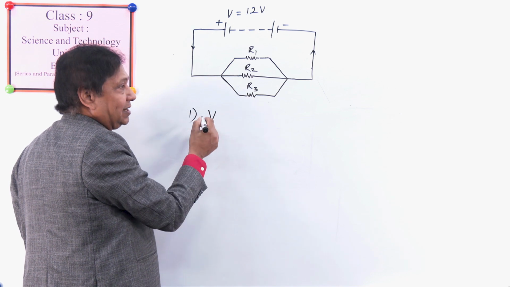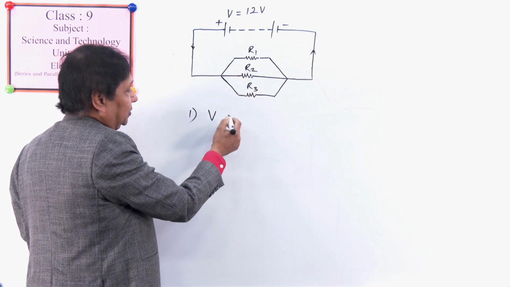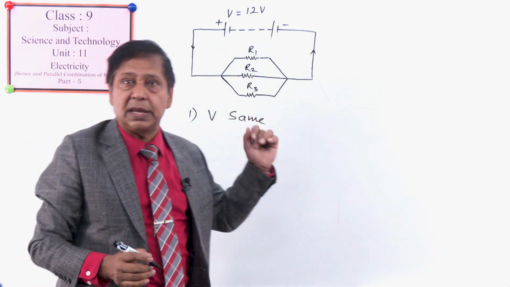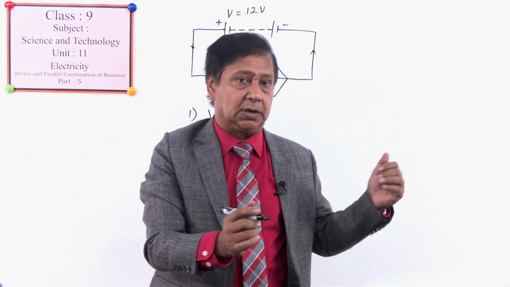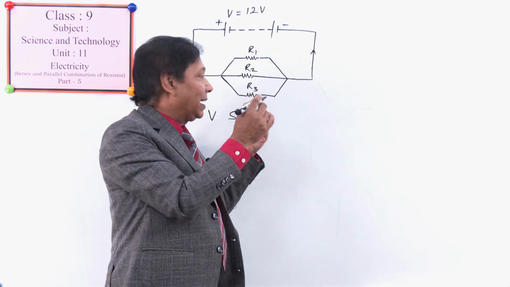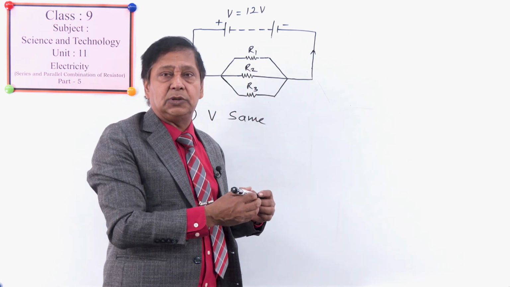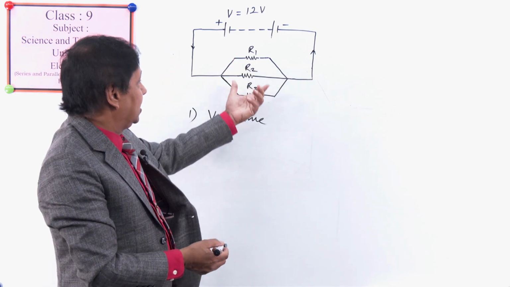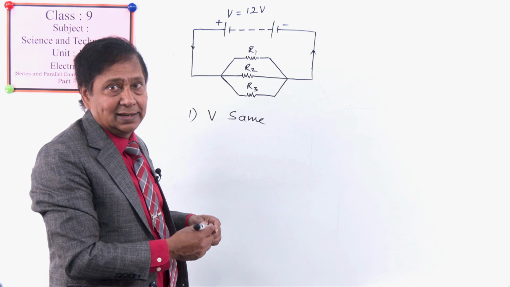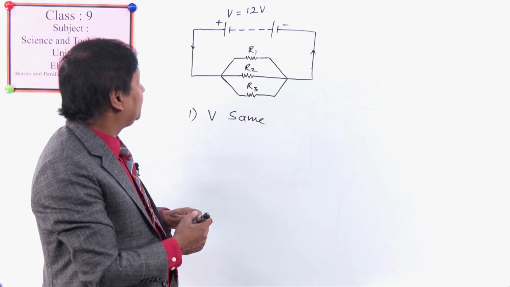Voltage or potential difference across each of the resistor remains the same, because we can measure this and get the same result. I mean to say 12 volt, 12 volt, 12 volt. Each of the resistor is supplied with the same potential difference, the same voltage.